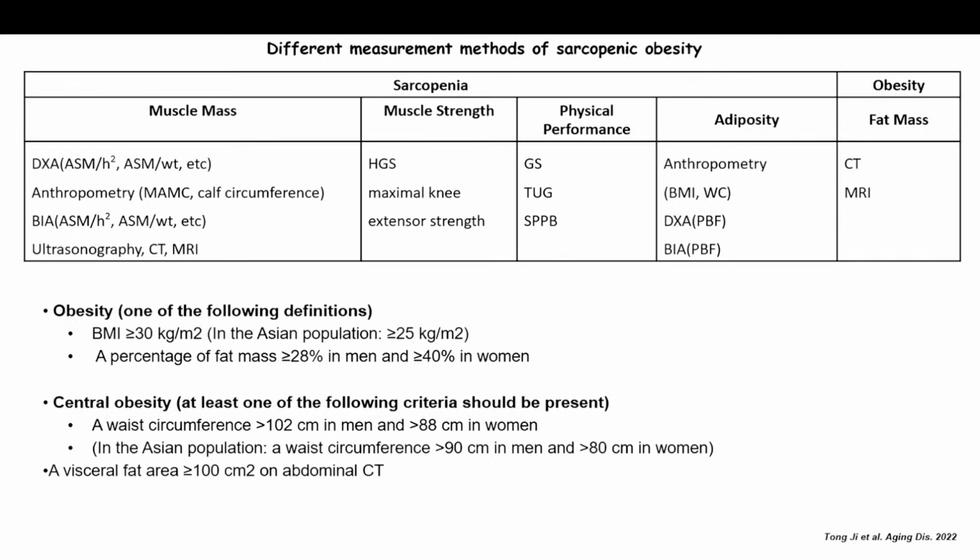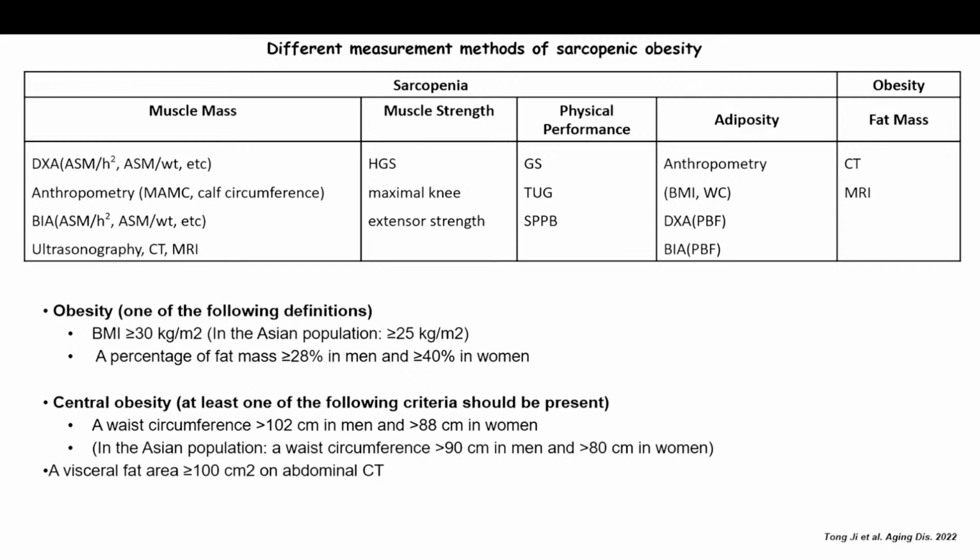These are the methods by which we assess sarcopenia and obesity. I will not comment much on sarcopenia. It was discussed the whole day yesterday. As far as obesity is concerned, we use BMI, waist circumference, DEXA, anthropometry, and BIA. And to confirm that, we can use MRI or CT.